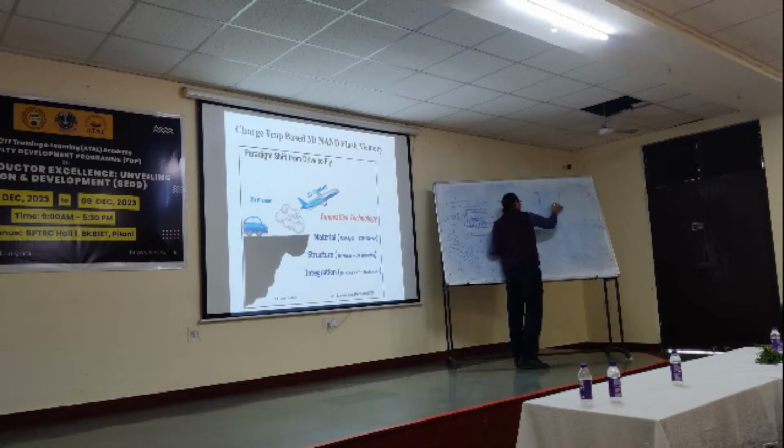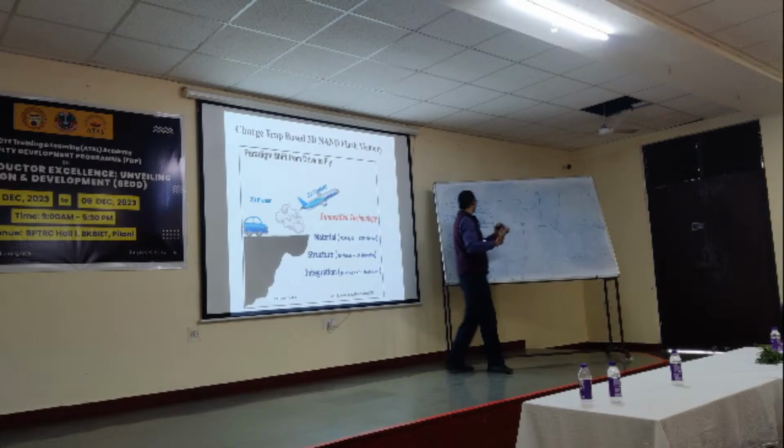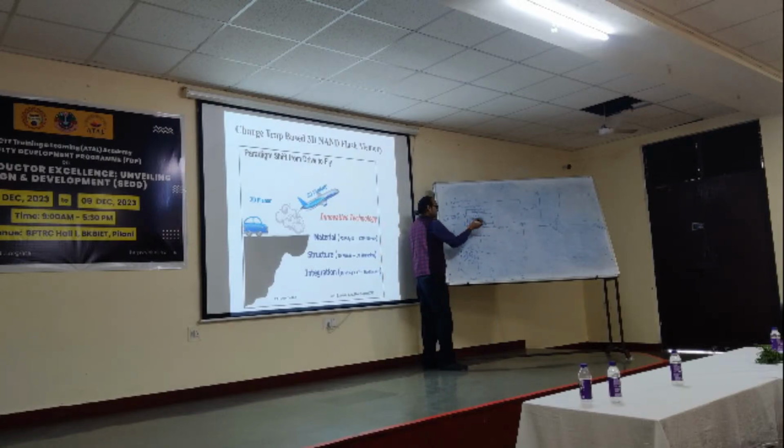This is initial, and suppose I have some threshold voltage VT1. Initial means nothing is trapped here. Please try to understand. Nothing is trapped here, right? We have metal, oxide, this trap layer and oxide, and then this is substrate.